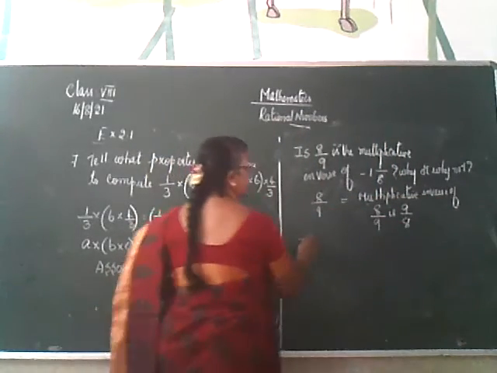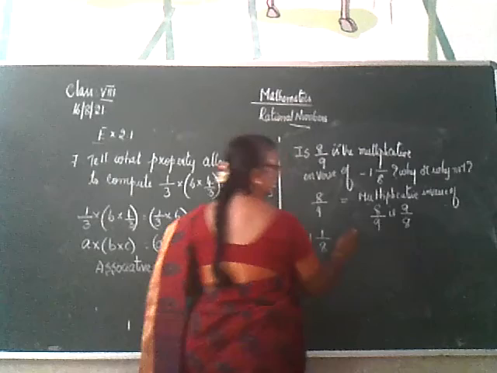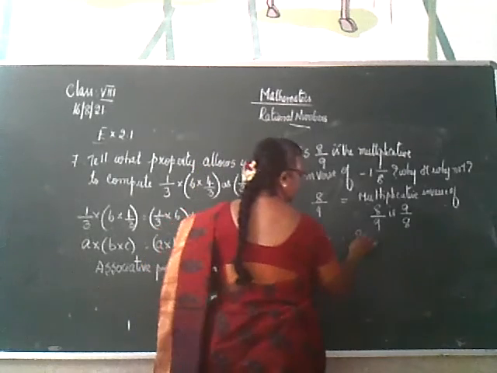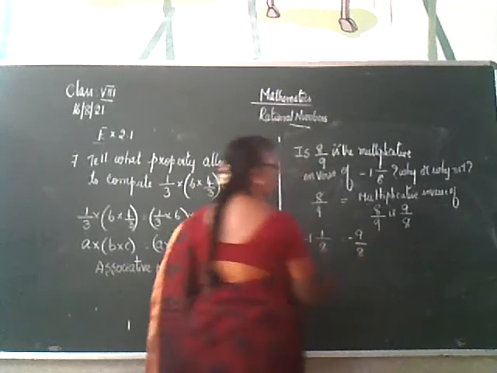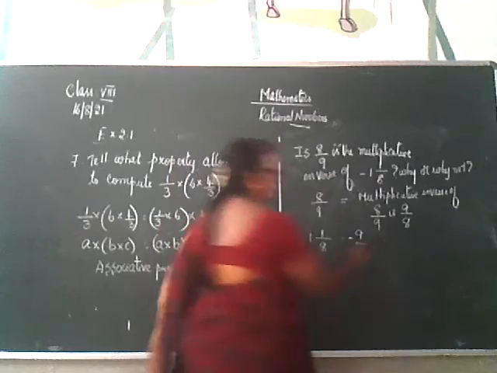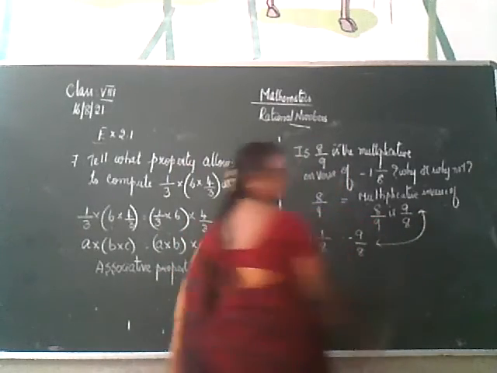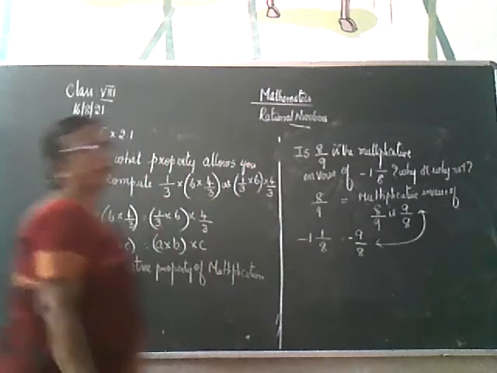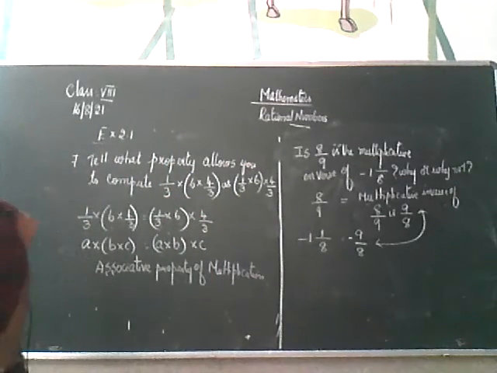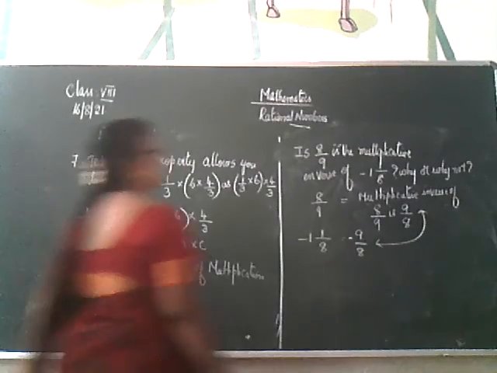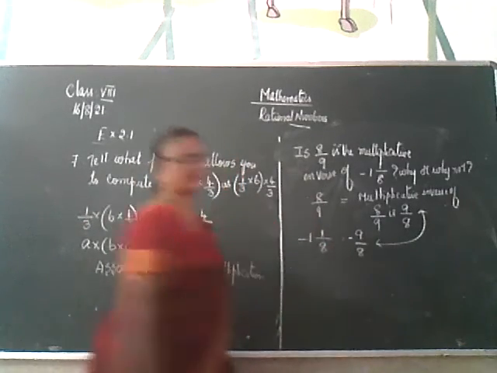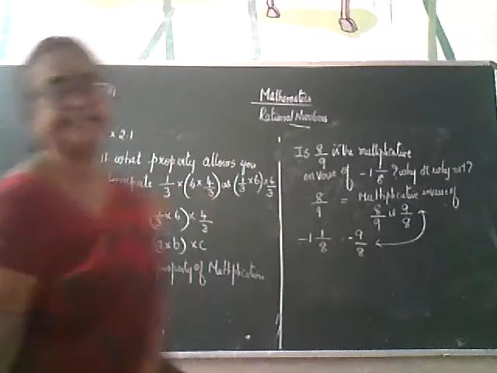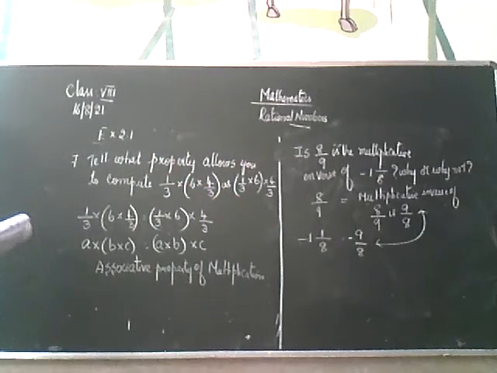What is minus 1 by 8? 8 ones are 8, 8 plus 1 is 9. So, minus is there. No, the signs are different, isn't it? So, it is not the multiplicative inverse. Because if it is plus, you can say it is the multiplicative inverse, whereas the sign itself is changed. So, you can say it is not a multiplicative inverse.